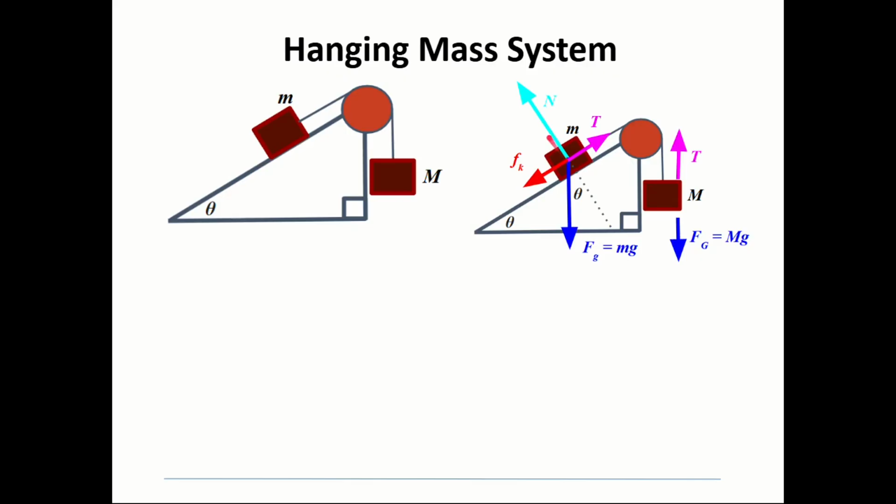And then you have your normal force, which is going to be perpendicular to the incline. And then you have your friction, Fk, which is going to be parallel to the incline, except going in the opposite direction of the tension, assuming that this mass, little m, is going to be moving up the incline.